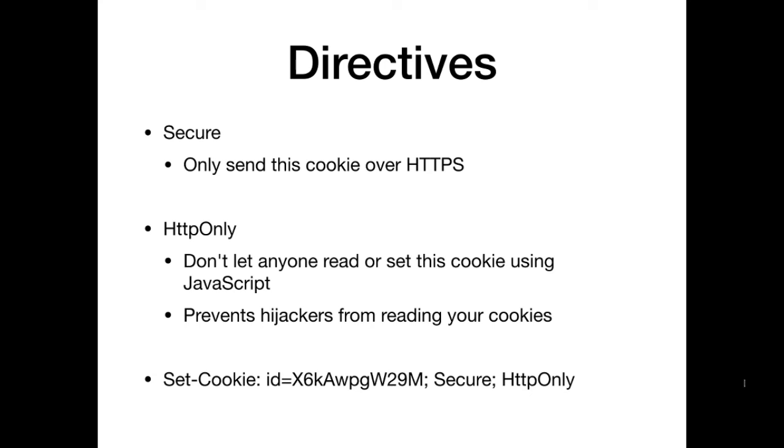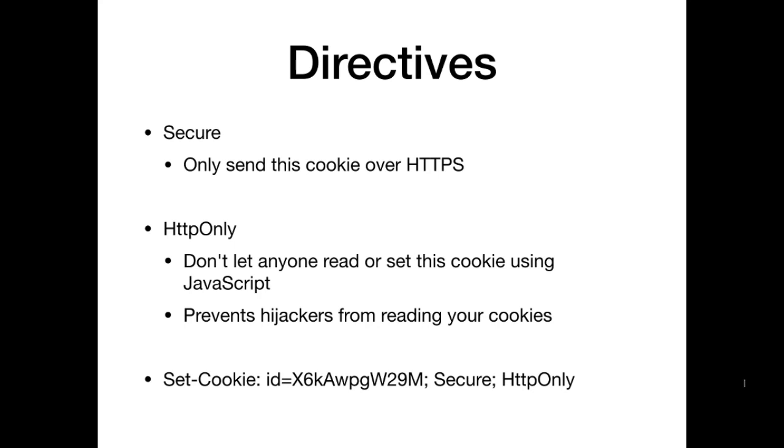So if somebody's using an outdated browser, these directives might not help them at all. Or maybe there's some crazy prototype browser out there that might not have all the security features implemented, and they might ignore these directives. There's no real guarantee. There's one advantage of using a major browser. Use one of the major browsers.